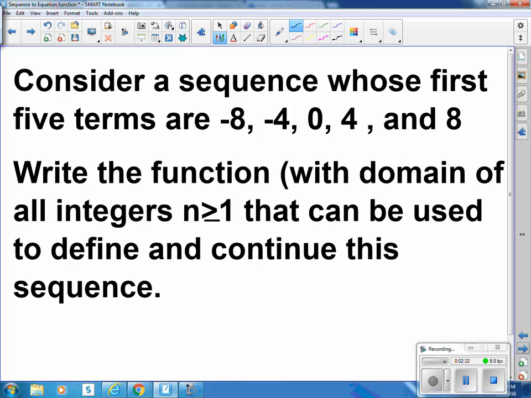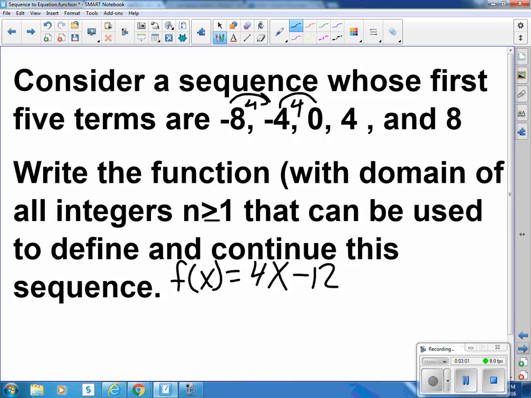Well, let's consider a sequence where the first term is negative 8 and the next term is negative 4. Well, that's increasing by 4 each time. So an equation would say that f of x is equal to 4x, because it's increasing by 4 each time, and then minus 12.